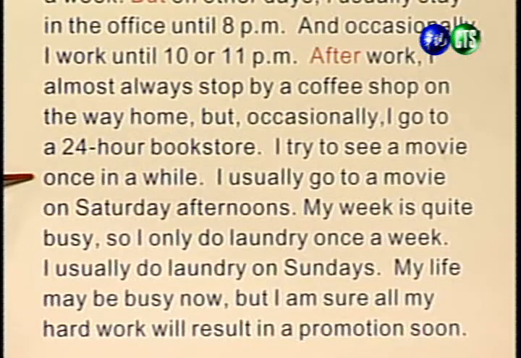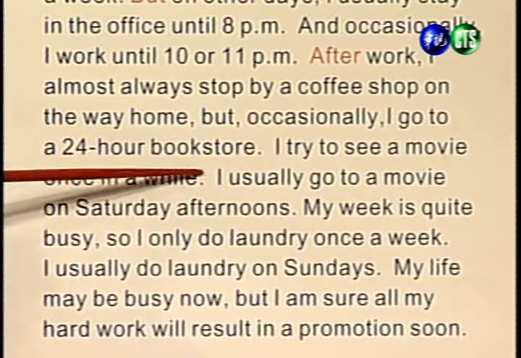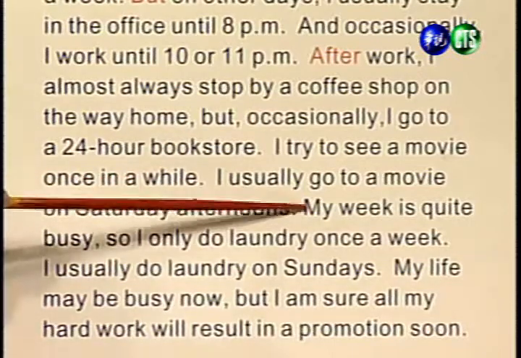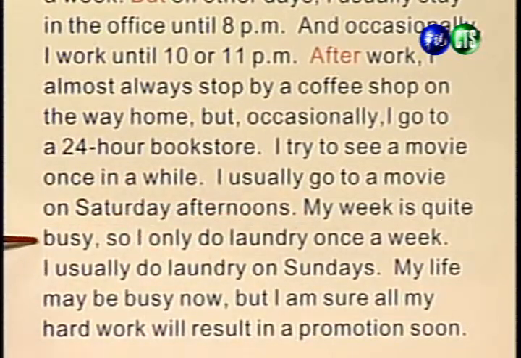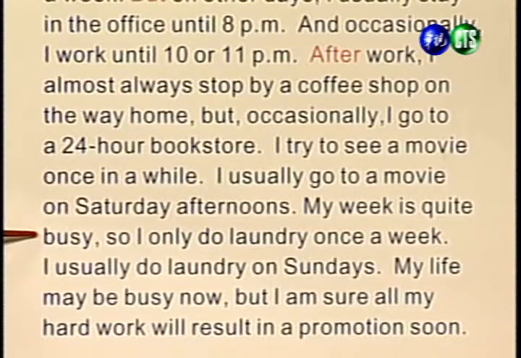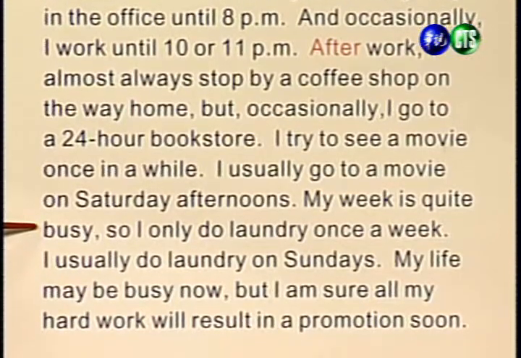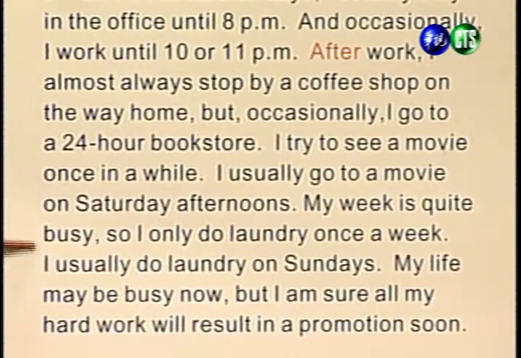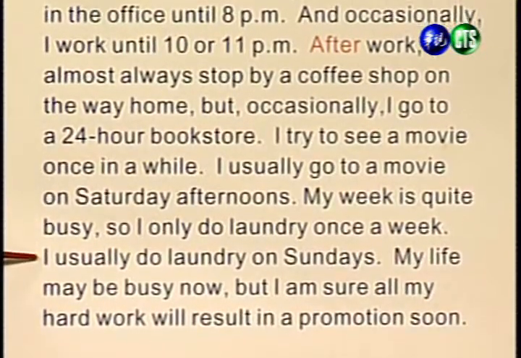I try to see a movie once in a while. I usually go to a movie on Saturday afternoons. My week is quite busy, so I only do laundry once a week. I usually do laundry on Sundays.